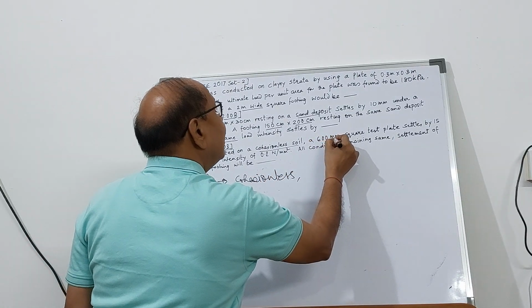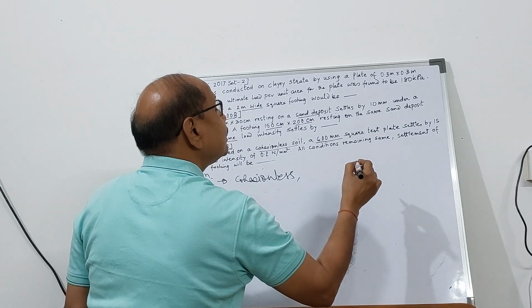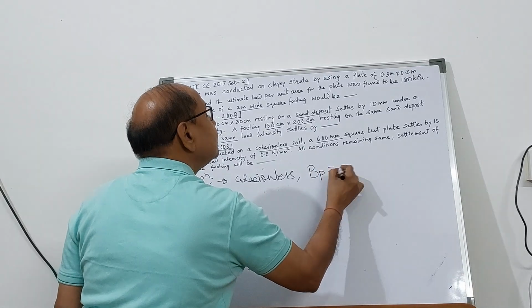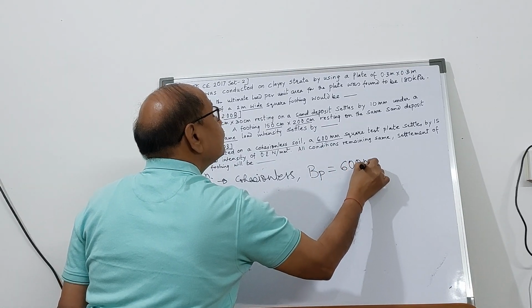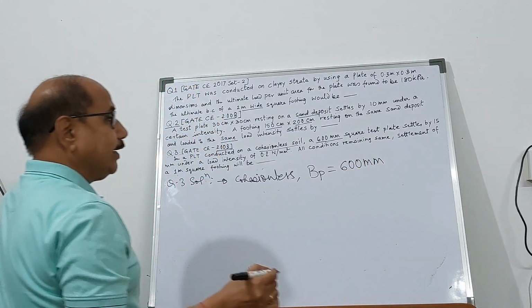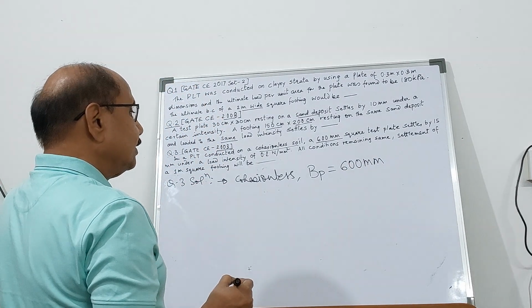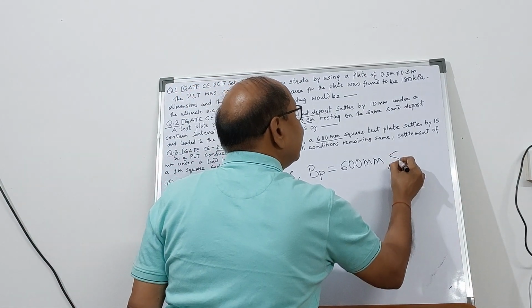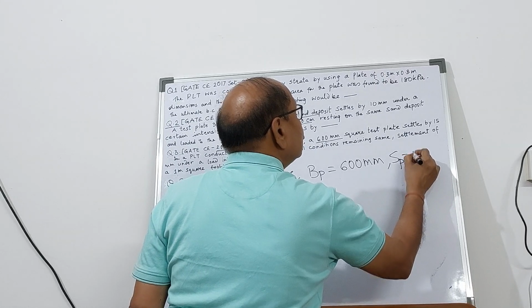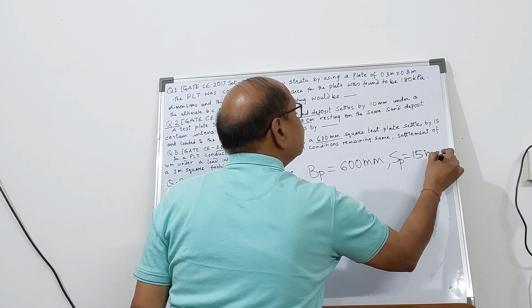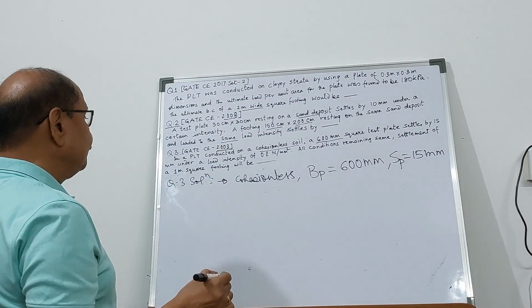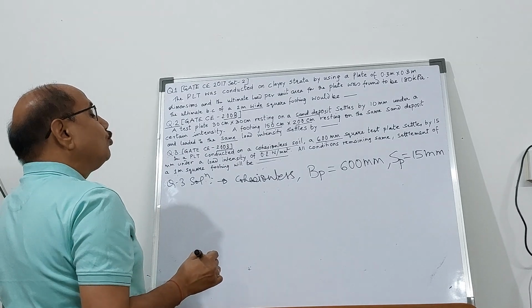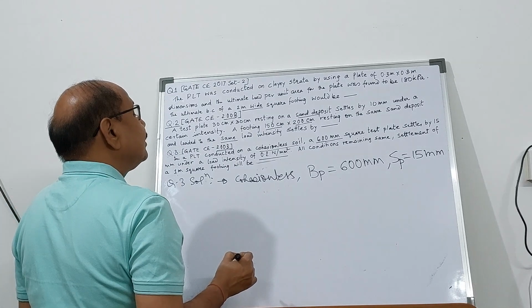And a 600 mm square test plate. So the size of the plate, width of the plate, is given to you. The plate settles by 15 millimeters. So the settlement of the plate, SP, equals 15 millimeter, under load intensity which is given as 0.2 megapascal or 200 kilopascal.